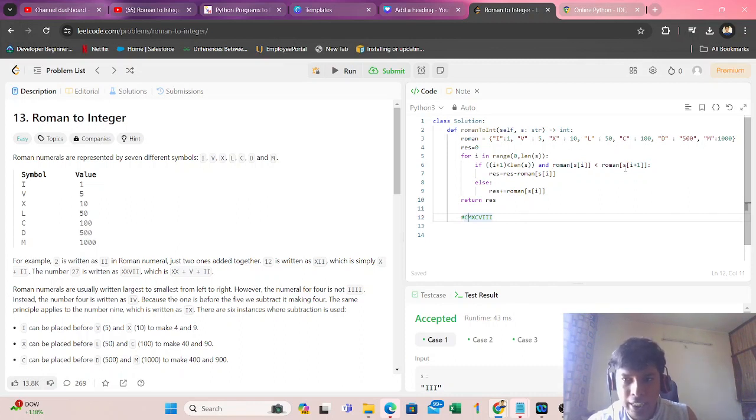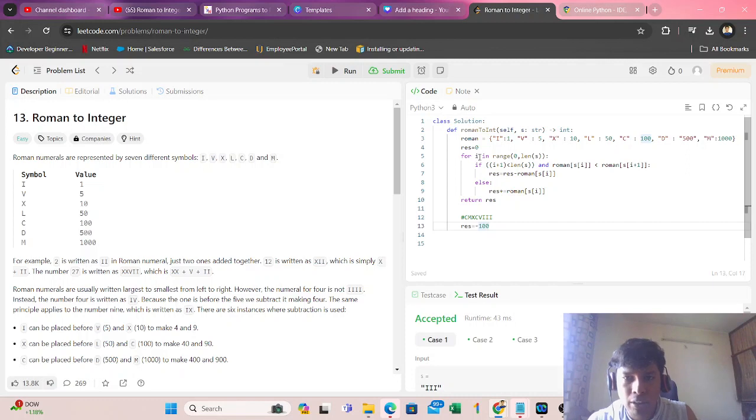If this is less than S of i plus 1. i plus 1 is M and value of M is 1000. Yes, it is less than that. Then res, which is exactly 0 as of now, 0 minus S of i. S of i becomes C, which is 100. So basically res in the first iteration will become minus 100. 0 minus 100 is equal to minus 100.